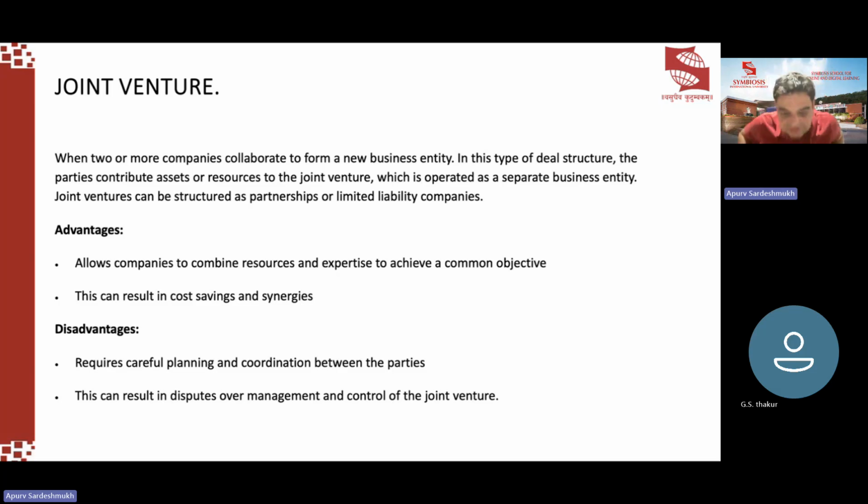Or let's say there's a company that is manufacturing a particular product, but the value of that product can be enhanced by using a particular technology, and one company has that technology. So the two companies come together. One says, you bring the technology, I'll bring the manufacturing expertise, and we'll form a third company which will use these two aspects, and we'll then have an enhanced product.